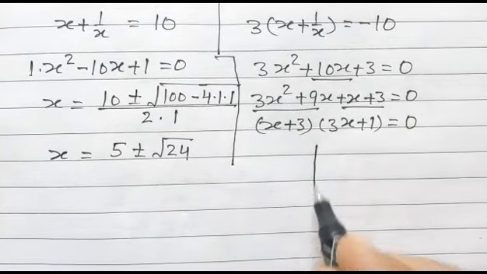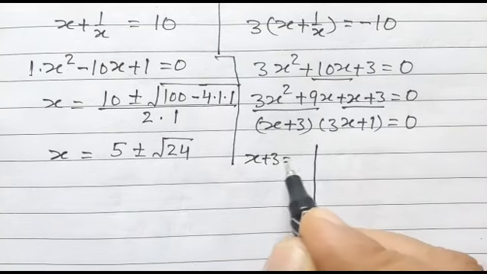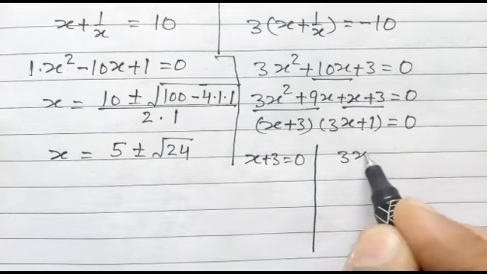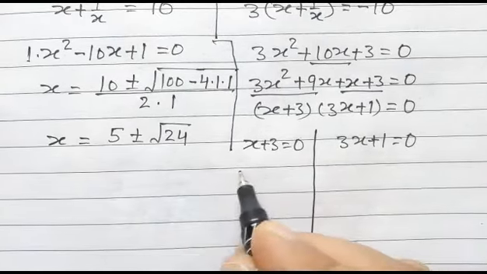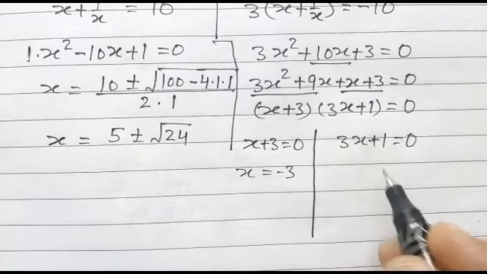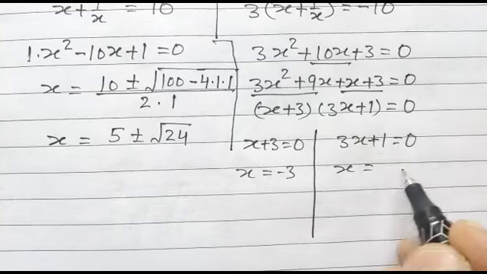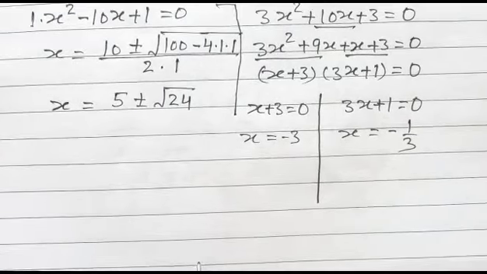Again we have two cases: x + 3 = 0 and 3x + 1 = 0. So x is equal to −3 and x is equal to −1/3, right?